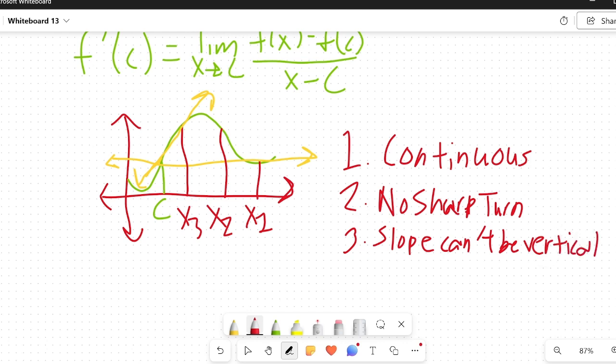Because if it was vertical, we could say the slope could be infinity, but for the purpose of this, we'll say that the slope doesn't exist, so the derivative doesn't exist at that point. So essentially, the function itself has to be continuous.